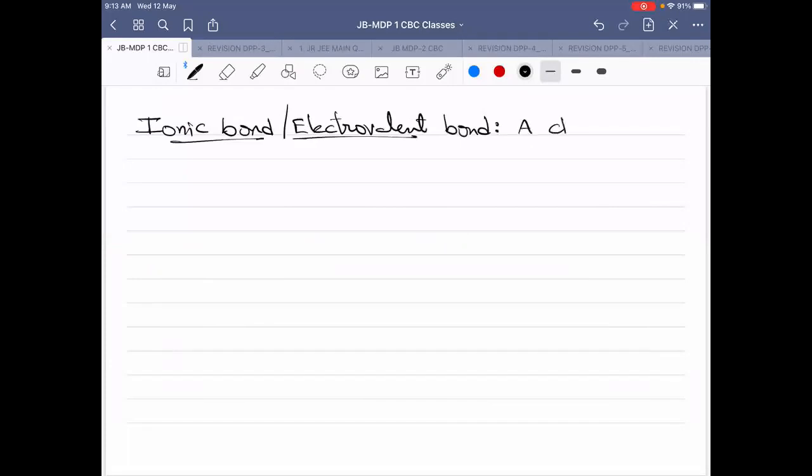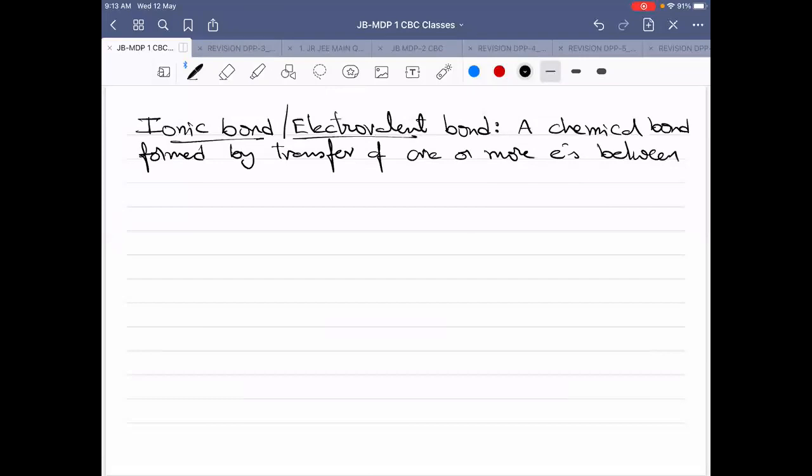A chemical bond formed by transfer of one or more electrons between two atoms is called ionic bond.